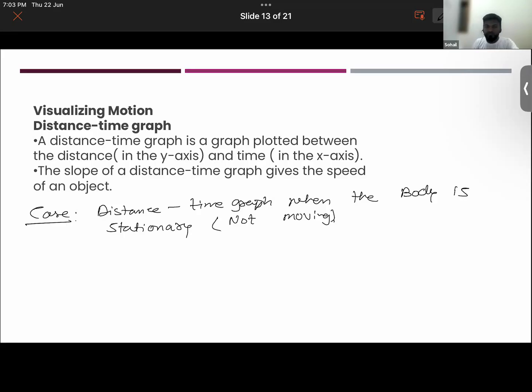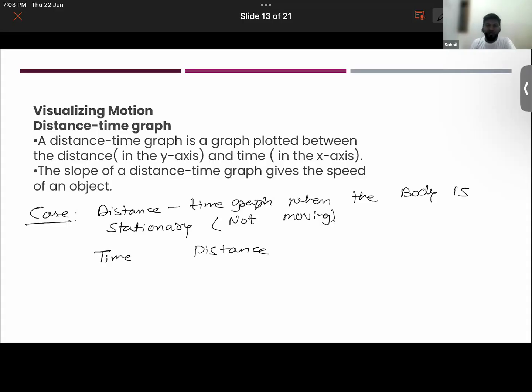So in this case, what will happen? The time will keep on increasing, but will the distance change if the body is not moving? There will be no increment in the distance. No distance will be covered.